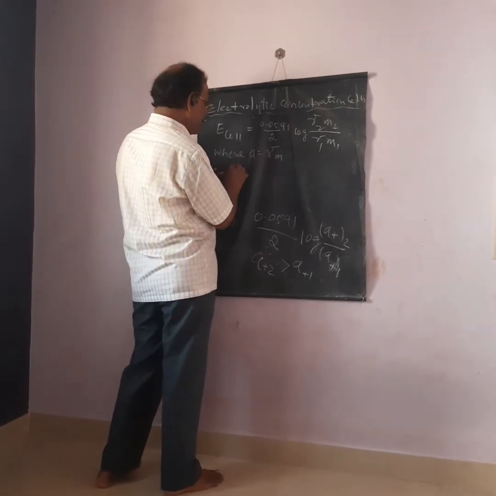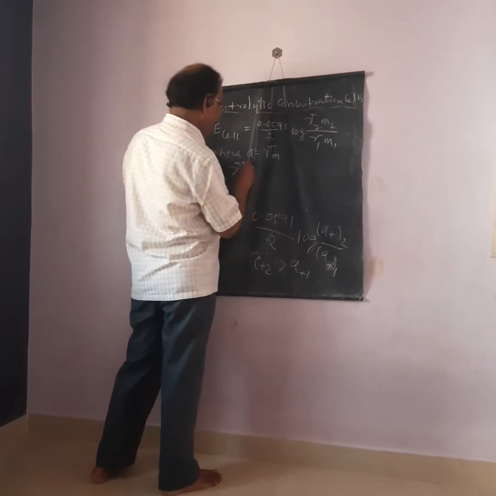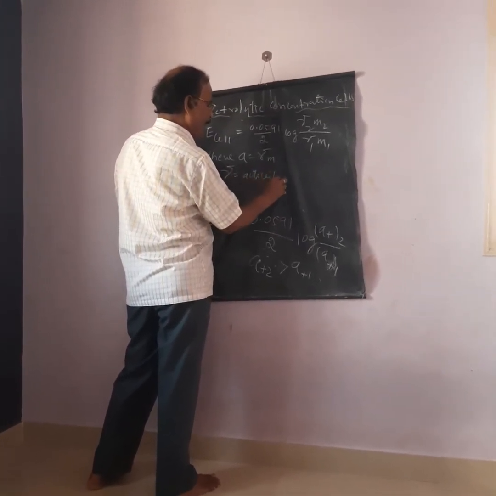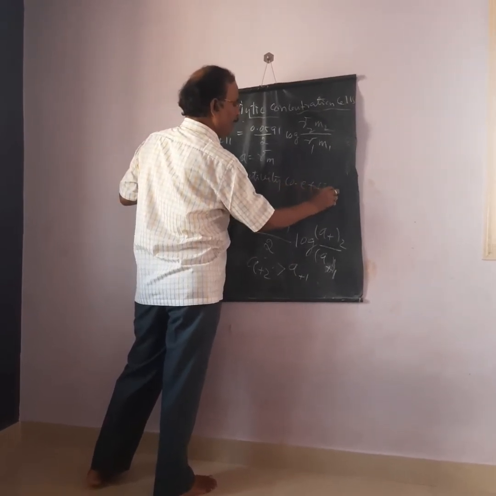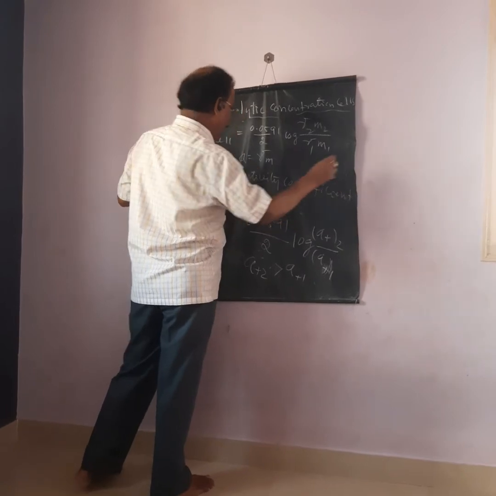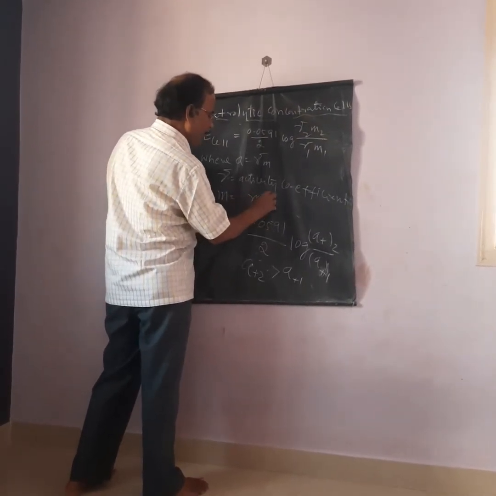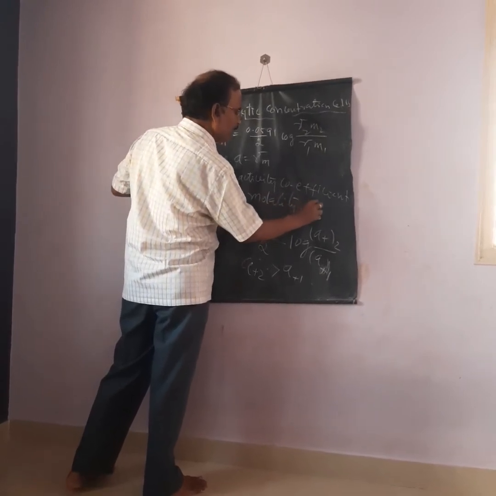So gamma is called an activity coefficient. And m is called the molality of the solution.